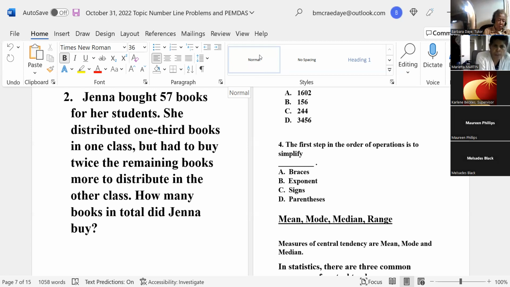Look at what you'll need to solve it. I like to underline things, underline what you need to solve it.